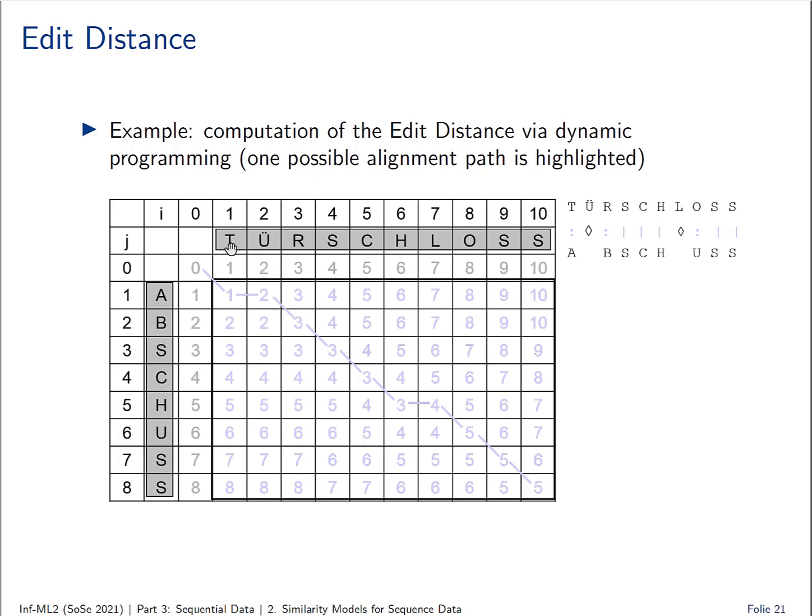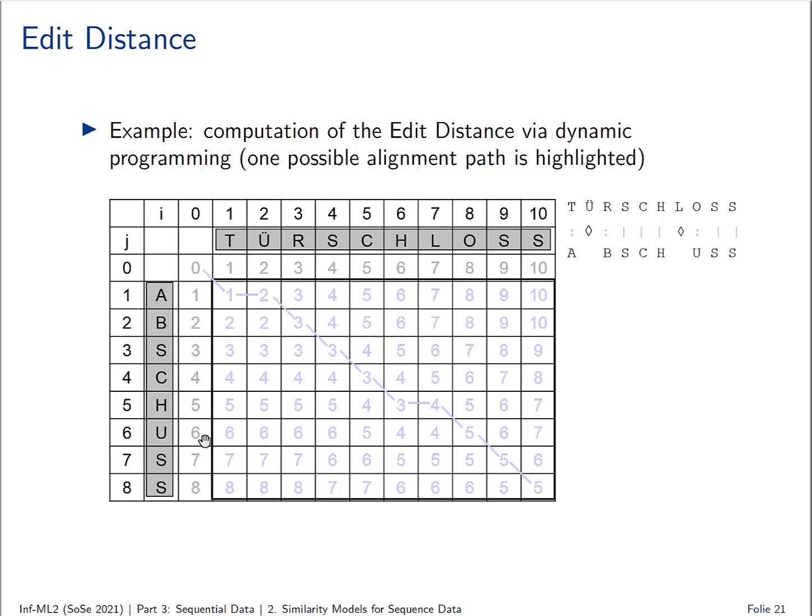If we have Tür, we need to delete 3, and so on and so on. So at the end, if we have the entire Türschloss sequence, we need to delete 10 elements in order to transform Türschloss into the empty sequence. So that is represented by the first row here.